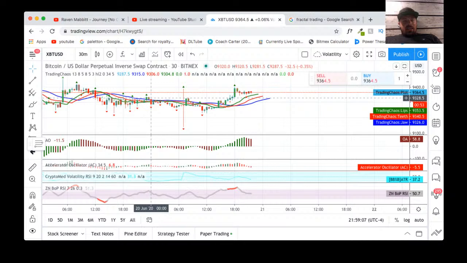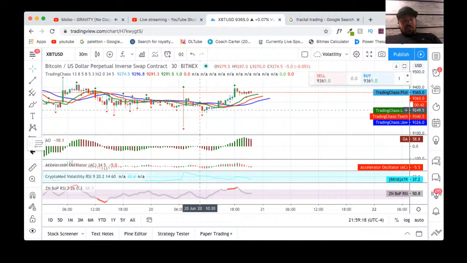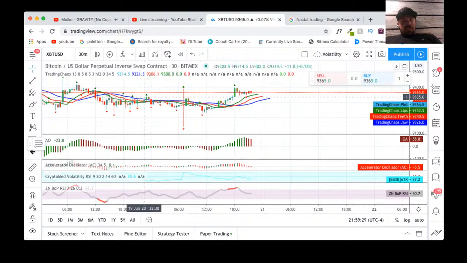At this point, I would have been trading this second fractal back. The reason being is because it was saddling here, and I would have tightened up as tight as I could get to trade on the fractals.